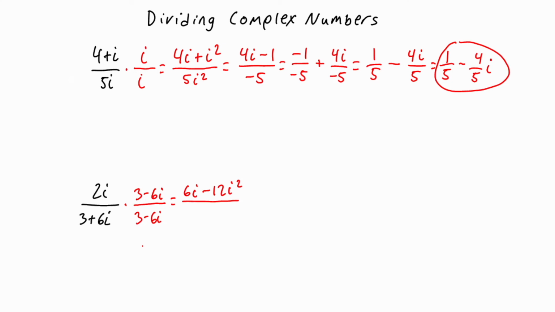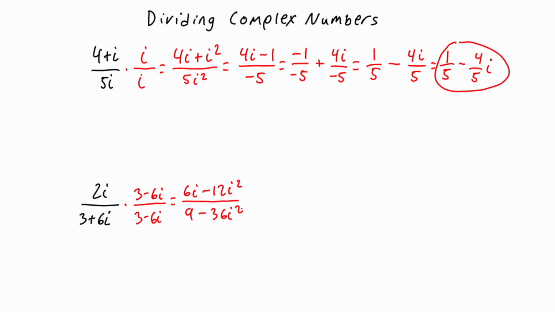So this actually comes out to be 9 minus 36i squared. And what I did there was I squared 3 and I squared 6i. You could multiply this out just like we did previously when I was talking about multiplying complex numbers, but it would come out to the same number. So this is just a shorter way to do it.